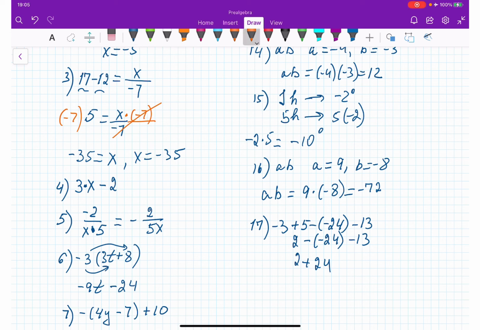Because of this negative and negative, right? And minus 13. So here we get 2 plus 24 is 26. Minus 13 equals 13.